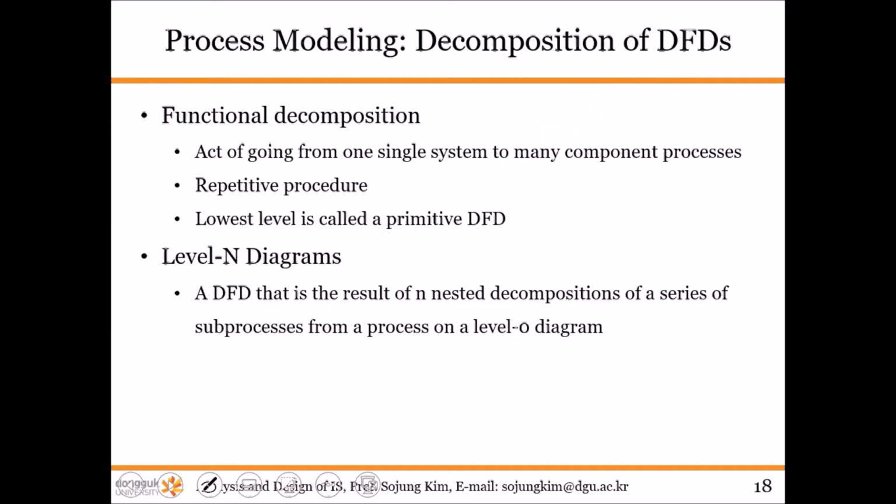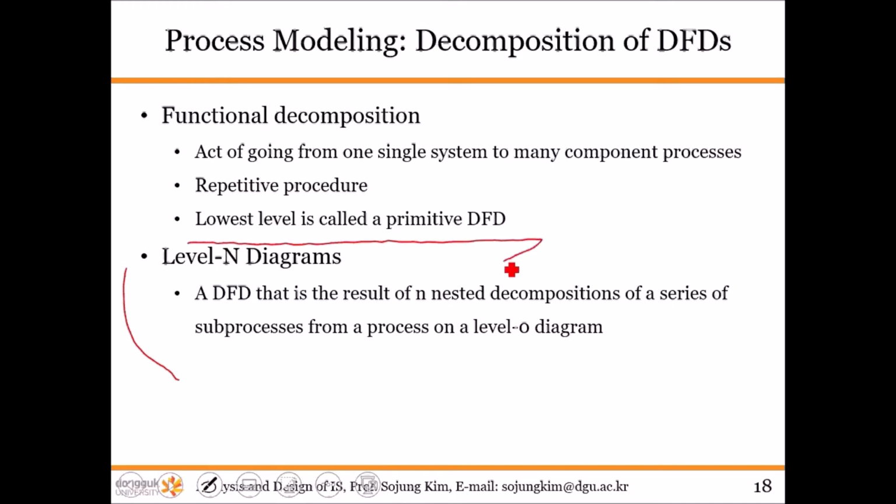The user known anyway. So anyway, functional decomposition is the act of going from one single system to many component processes. It is a repetitive procedure, and the lowest level is called a primitive DFD. So functional decomposition gives level-n diagrams, to see the detail of the lowest level of the function.